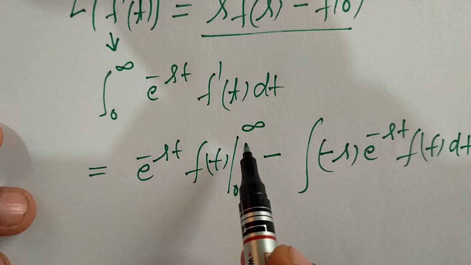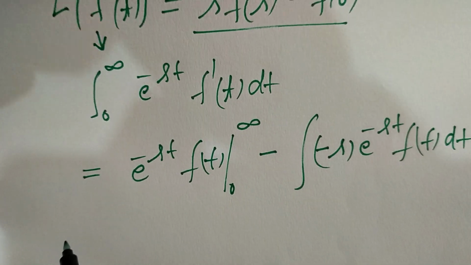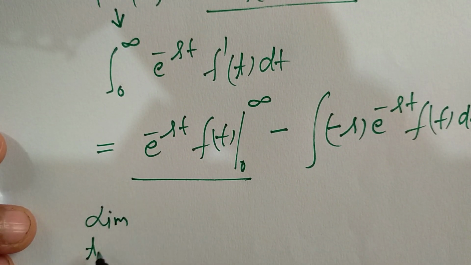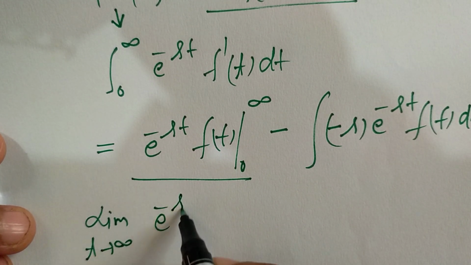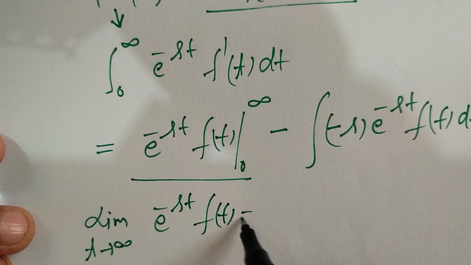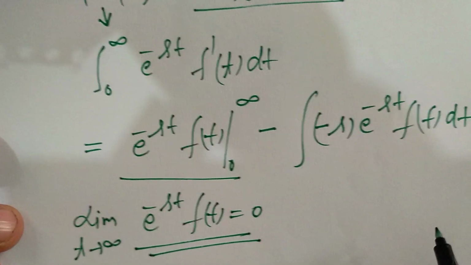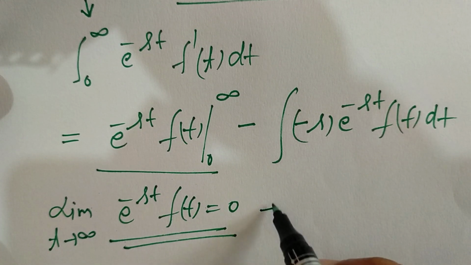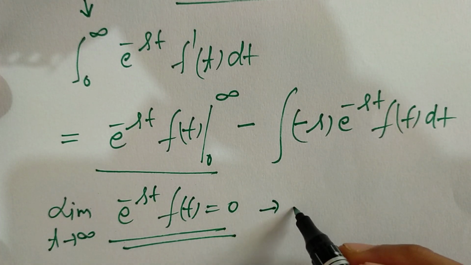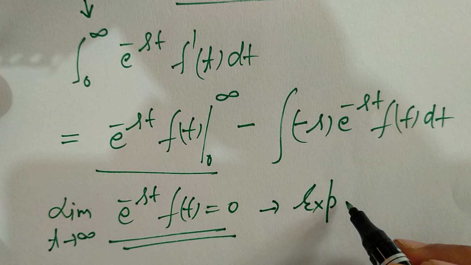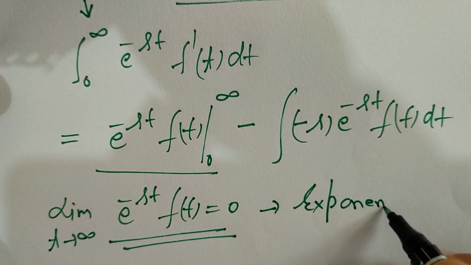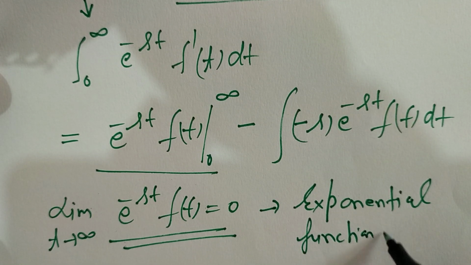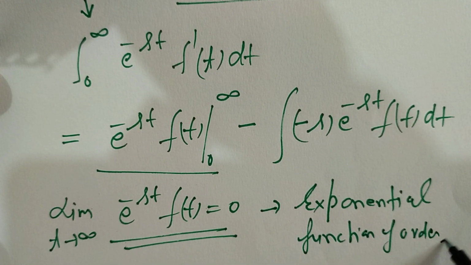So here if t tends to infinity, let us use one property. If limit t tends to infinity e power minus st f(t) equals 0, then the function which satisfies this property is called an exponential function of order s. So here f is called an exponential function of order s.